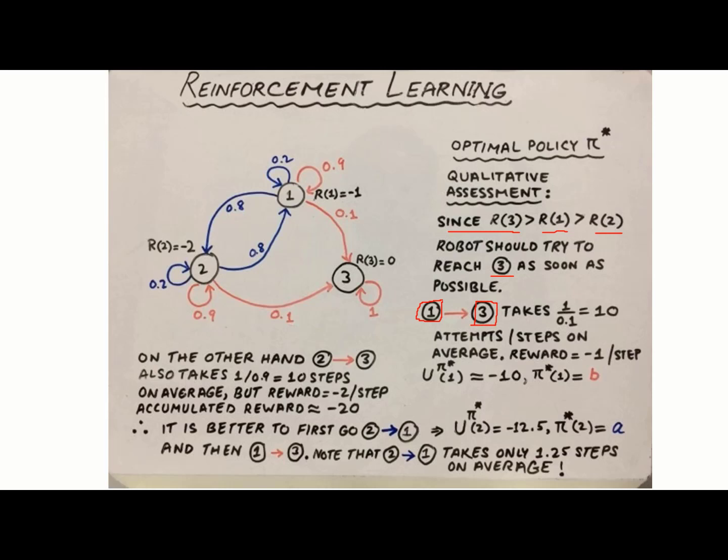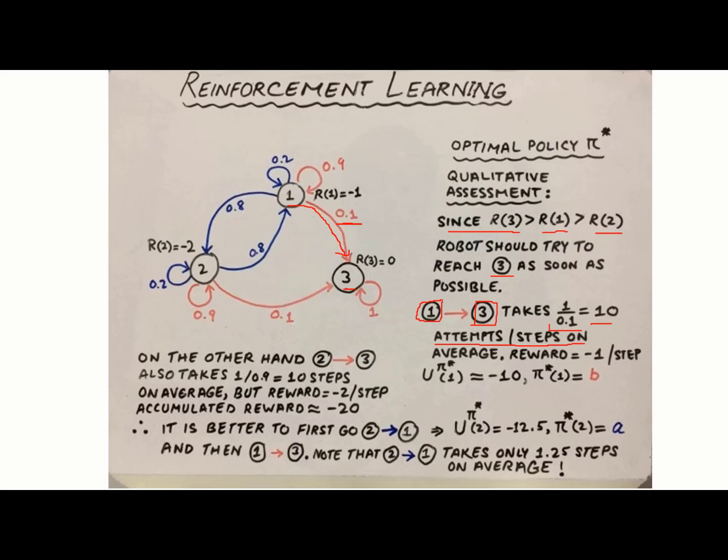So if you look at this diagram, from state 1 to state 3, if you take action B, you succeed in reaching state 3 with probability 0.1. So on average, it takes about 1 over 0.1, which is about 10 steps or 10 attempts to go from state 1 to state 3. And this is the shortest possible route that we can think of.